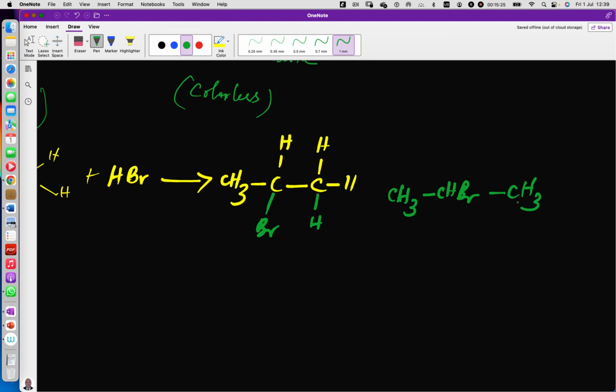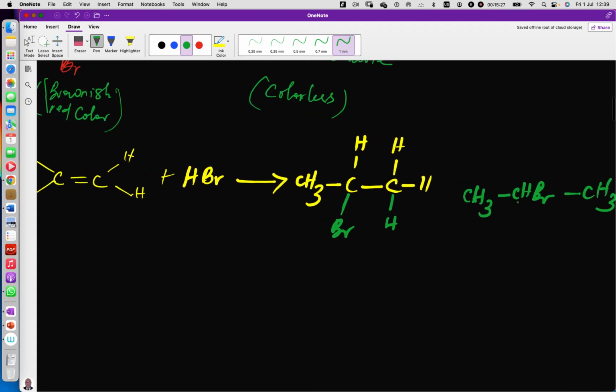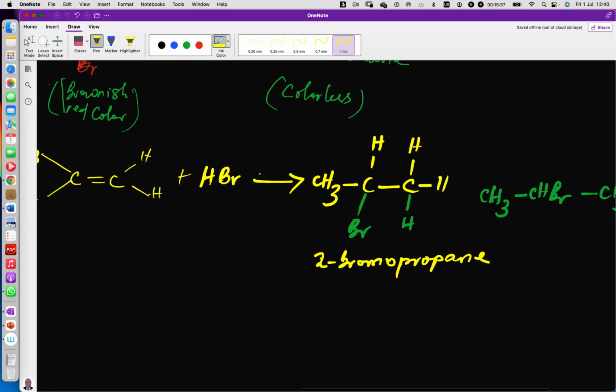Now, we can call this compound 2-bromopropane.